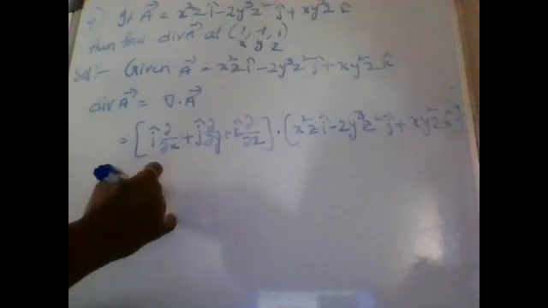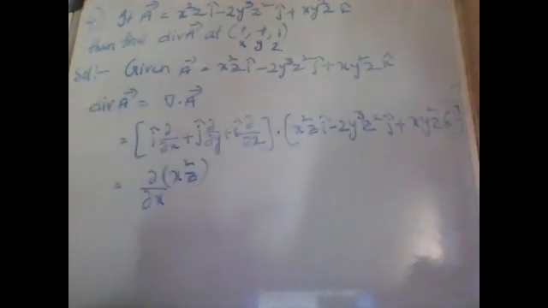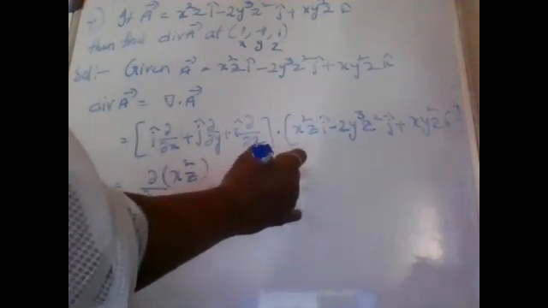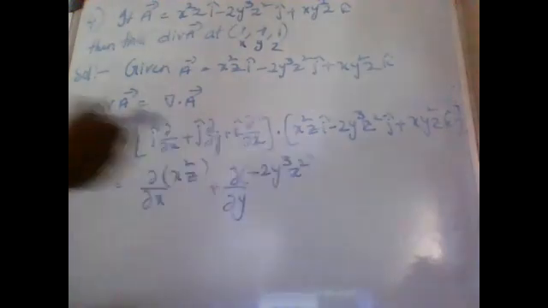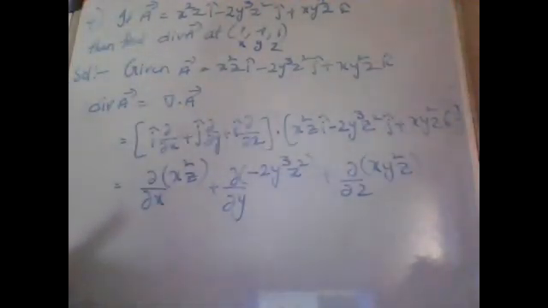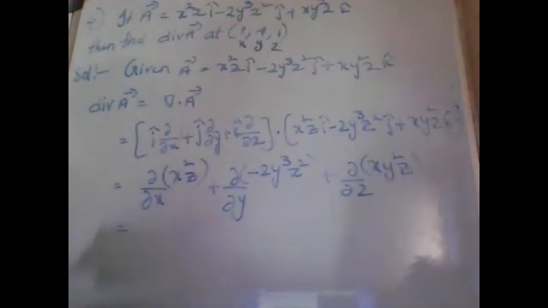From that rule, we get ∂/∂x of x²z plus ∂/∂y of minus 2y³z² plus ∂/∂z of xy²z. Differentiation of x² with respect to x is 2x, with z constant.